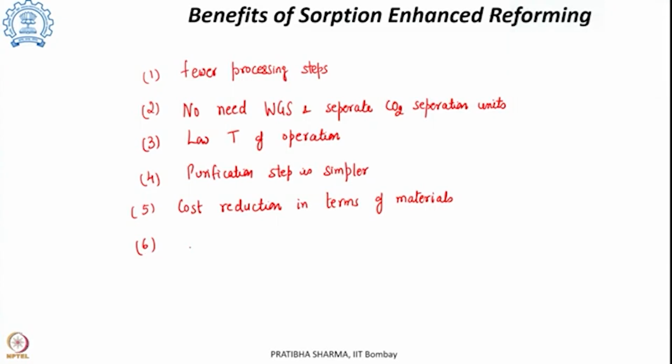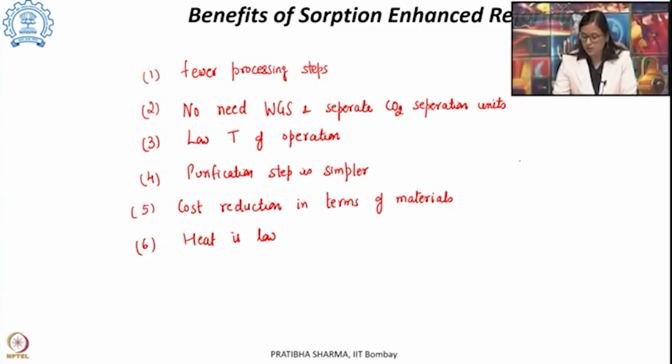The amount of heat which is required is also low. The heat required is low because some of the reactions are endothermic. The remaining two reactions, the water gas shift reaction and the carbonation reaction, are exothermic in nature.